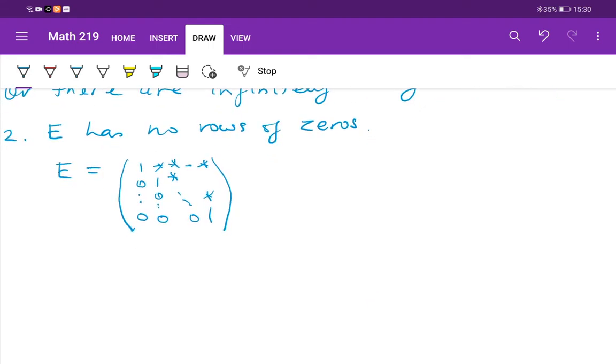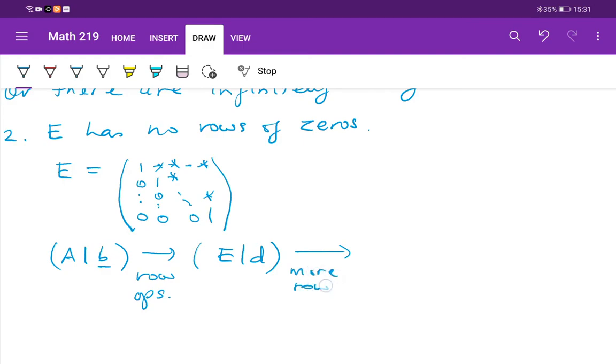So what have we done? We've transformed (A | b), the original equation, into (E | D), where E is precisely as we've stated, with ones along the diagonal. Then by some further row operations, we have all zeros below the ones, and now it's easy to get all zeros above the ones as well.